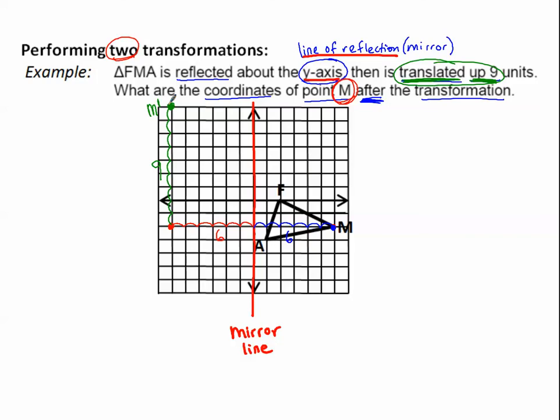So I used the graph to help do it. But notice it says, what are the coordinates of point M? So to find that, I have to count from the origin. Here's the origin, so let's count in the x direction first. 1, 2, 3, 4, 5, 6 to the left, so M prime is at x equals -6, and then 1, 2, 3, 4, 5, 6, 7 up. And there I have it. M prime is at (-6, 7).